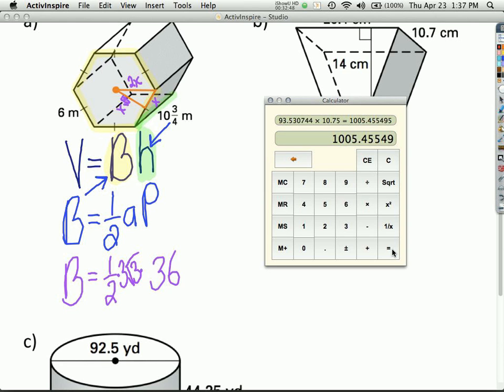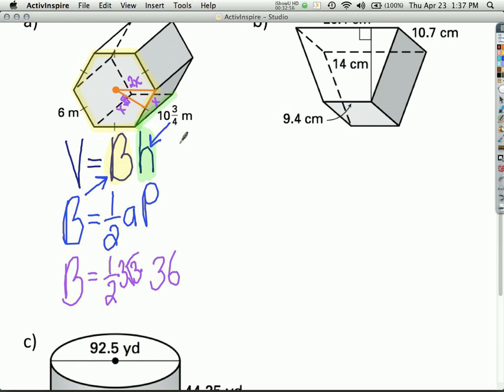Get 1005.5, 1005.46. Either way, volume is approximately 1005.5 cubic meters.